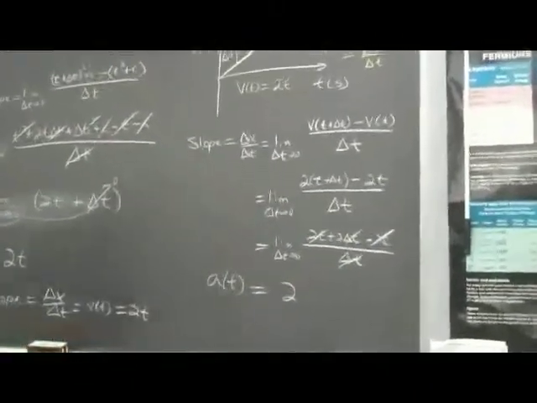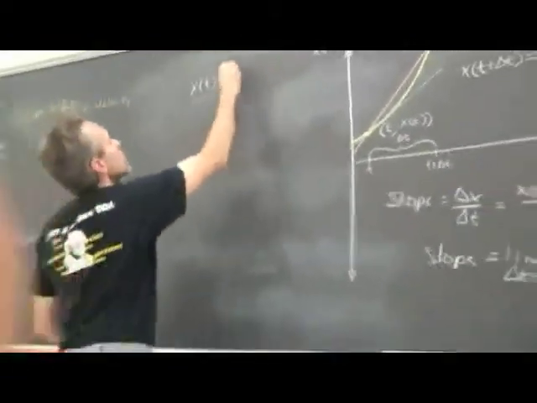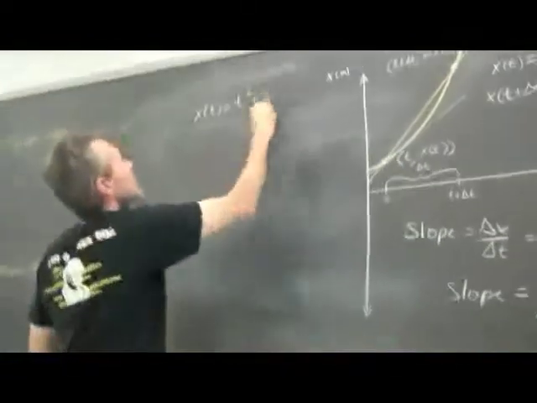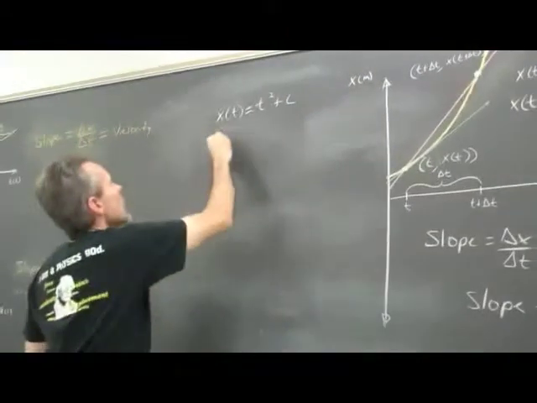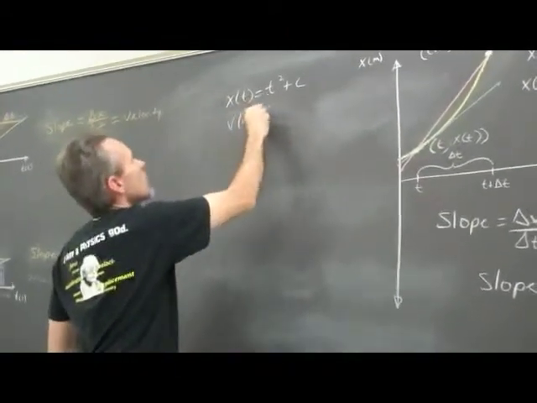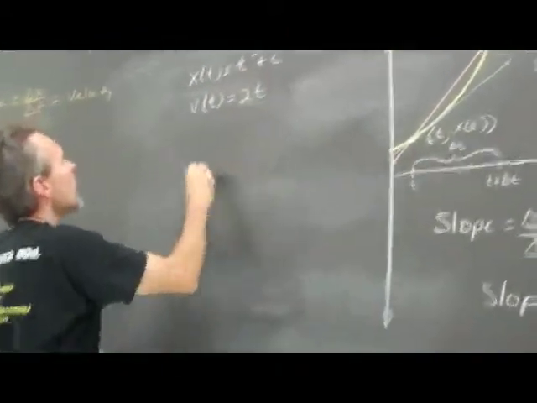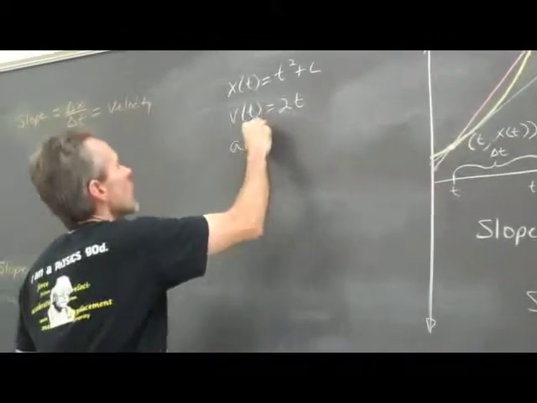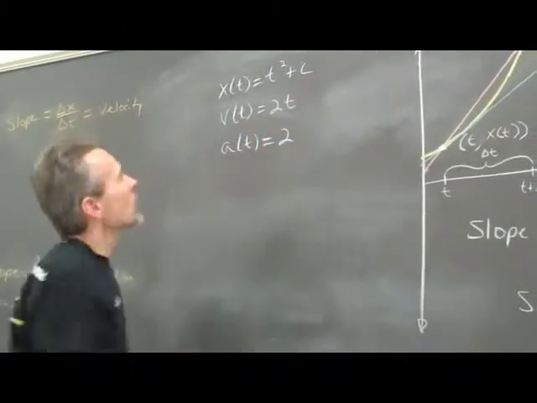Now, let's come back over here and look at what that position time graph equation was. That was equal to t squared plus c, some constant. The velocity we found was equal to 2t, and the acceleration that we found was just equal to 2.